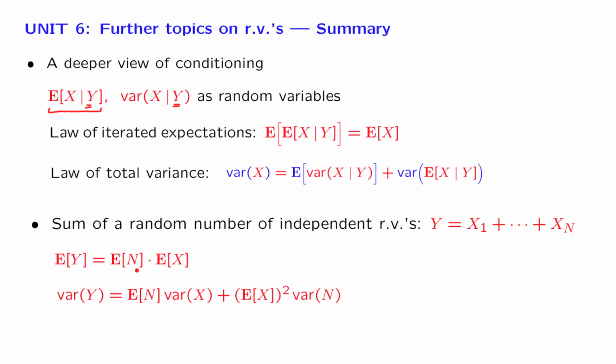We have the expectation of how many terms we are adding times the expected value of each one of the terms. As far as the variance is concerned, we applied the law of total variance to get an expression of a certain type. So the topics that we covered in this unit start to become pretty sophisticated, and by this point we are ready to dive into pretty deep and mature applications of probability.